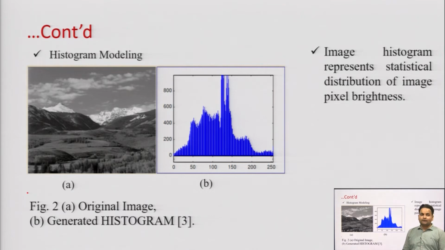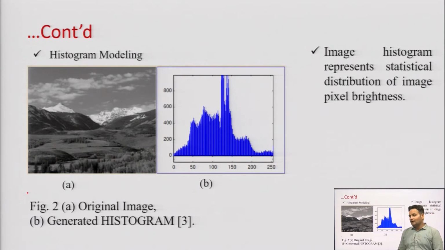Okay. So, then you can observe that at 150, more than 800 pixels are there. Yeah, if we can say that on the y axis the number of pixels is there, and if we talk about the x axis, that is the gray level of this particular histogram.